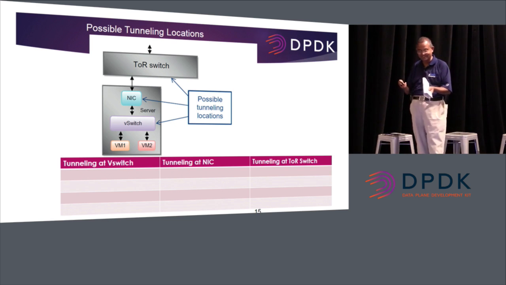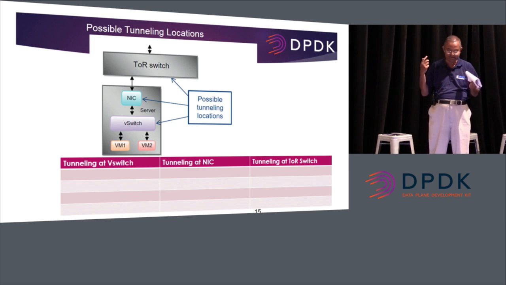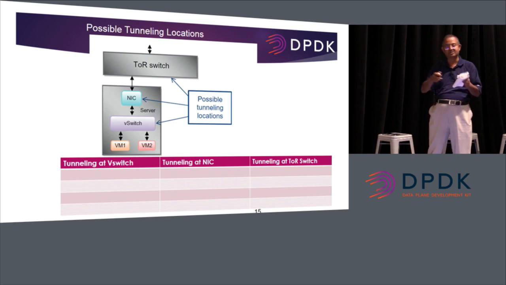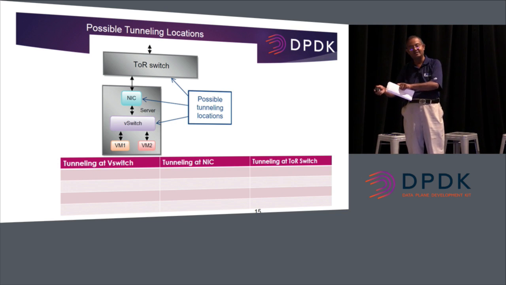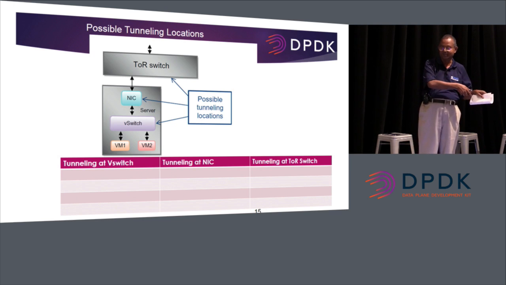So that's where the 40 gig we are talking about shines, because with a firmware update, you can support new tunneling protocols as they come, and you don't need to disable your offload when you introduce tunneling at the vSwitch level.